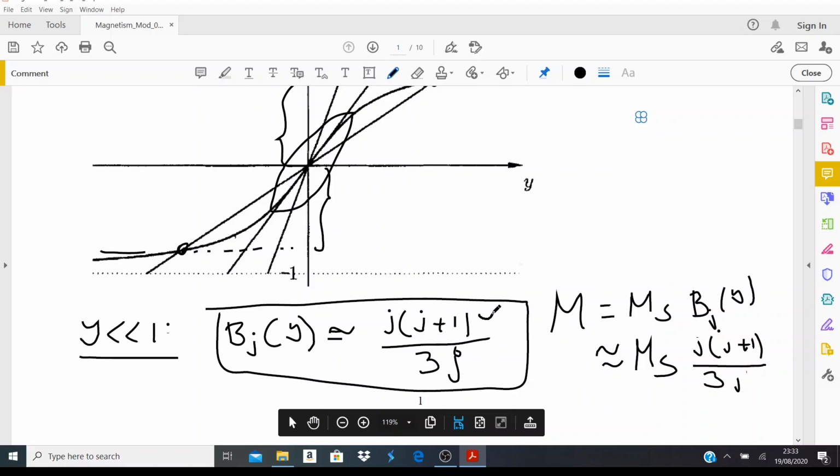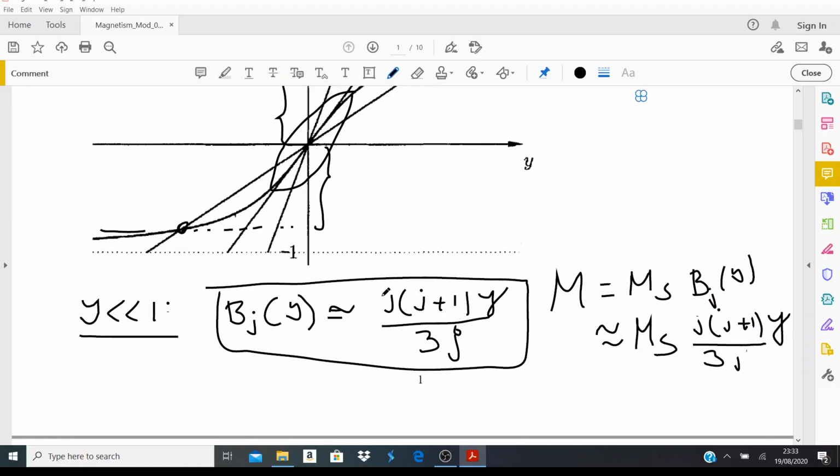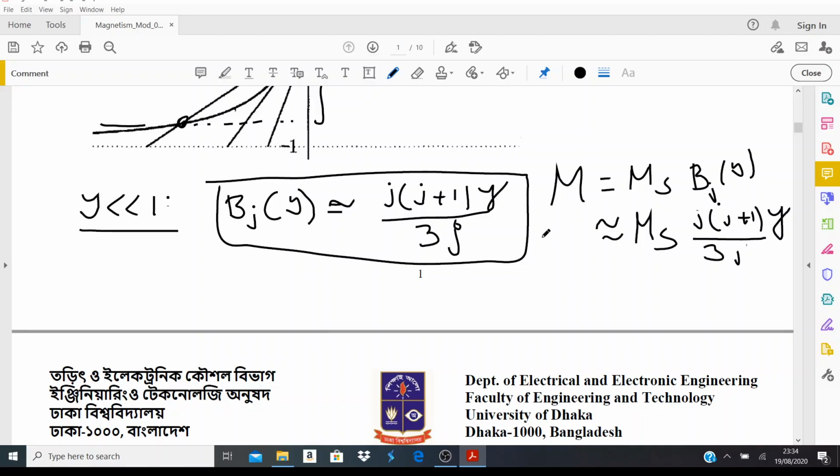I'm missing a y here, so y here. I have shown you in detail how to approximate this equation, so have a look if you are confused.